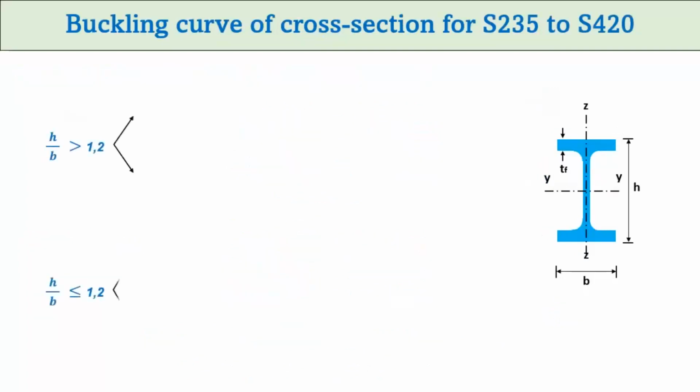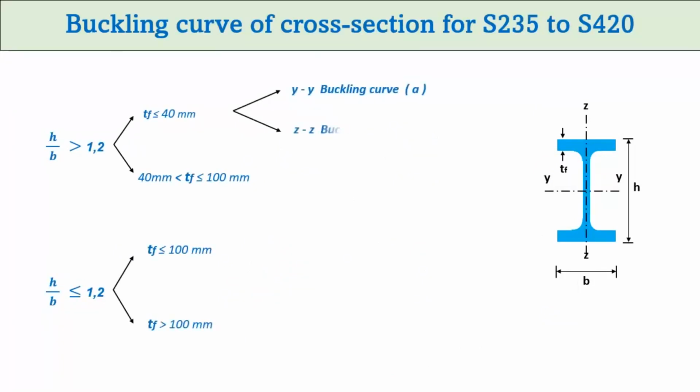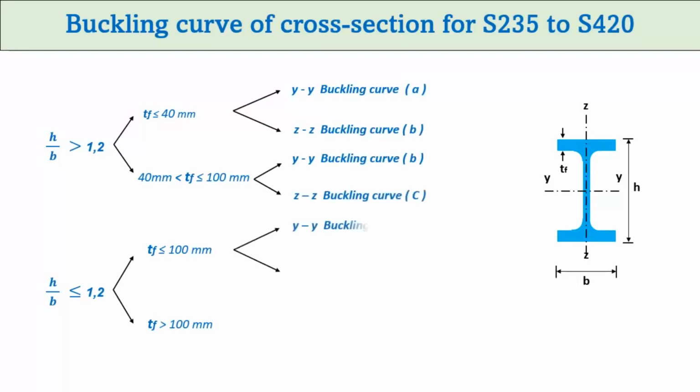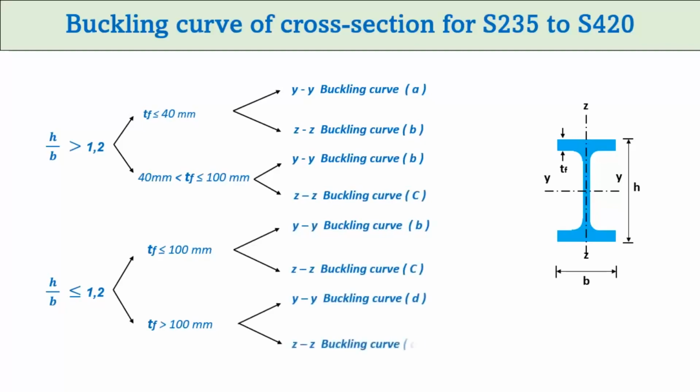As mentioned earlier, we can find the imperfection factor alpha from the buckling curve of the cross section. In the first instance, the buckling curve depends on the ratio between the height and the width of the cross section. Then the thickness of the flange influences the determination of the buckling curve.